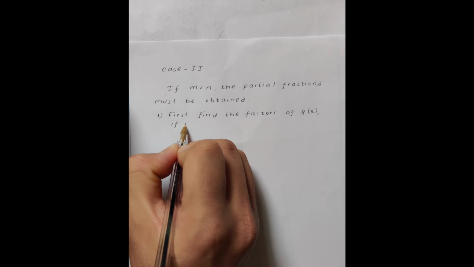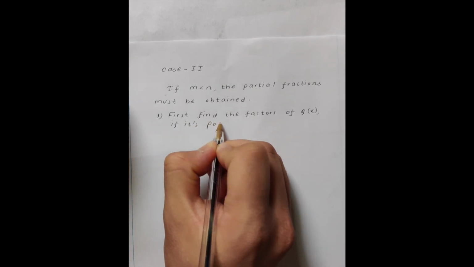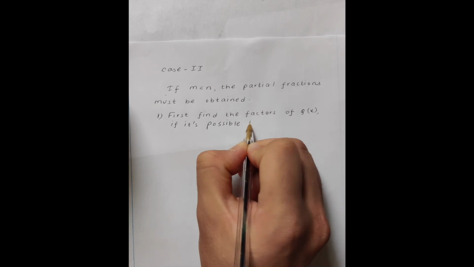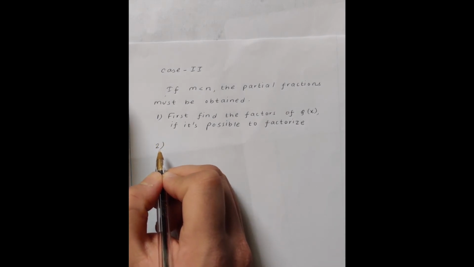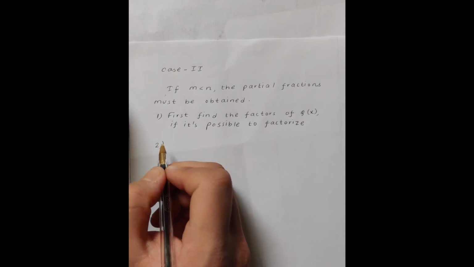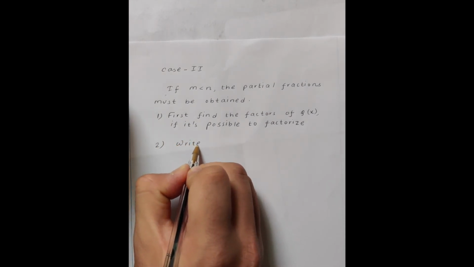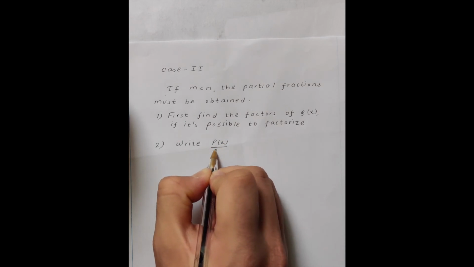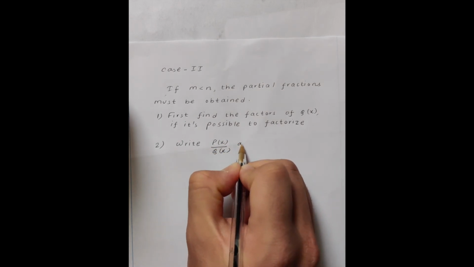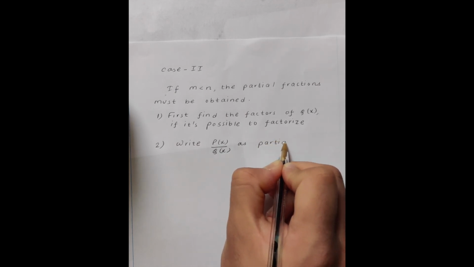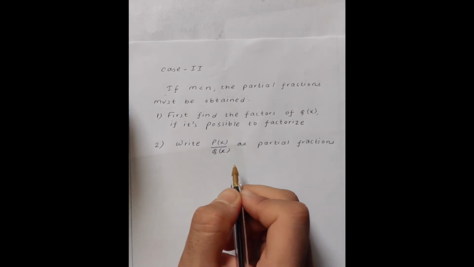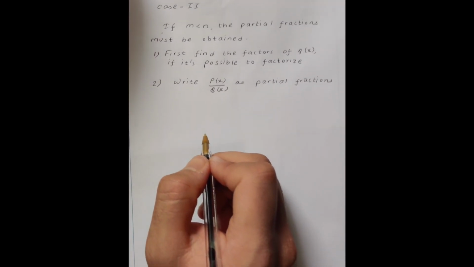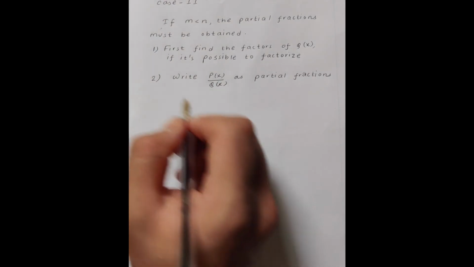obtain the factors of the Q polynomial, meaning that, of course, we need to factorize the capital Q polynomial if possible. Then the next step, step 2, we need to rewrite P over Q, taking into account the partial fractions related with the factors that we obtained previously.